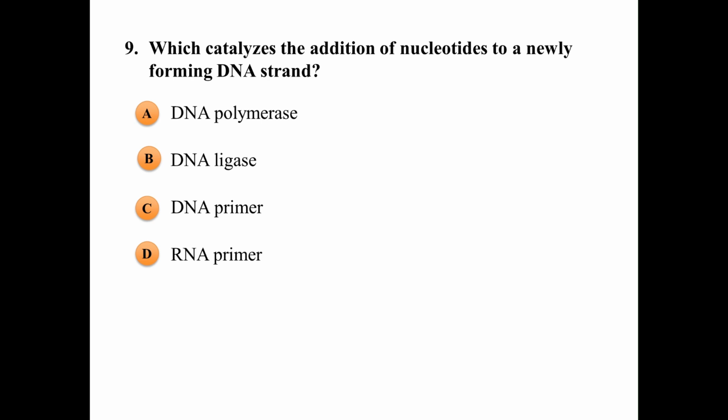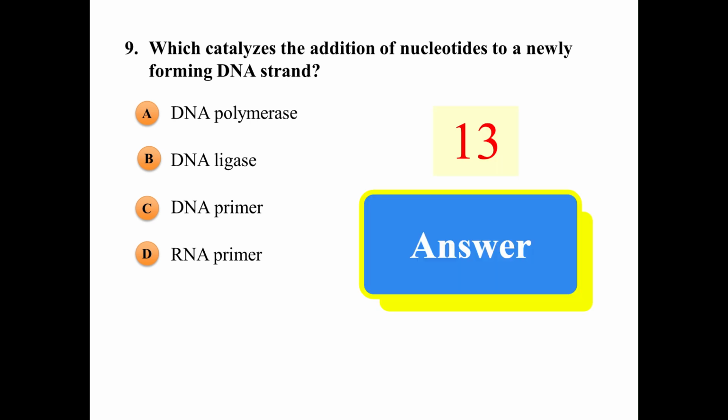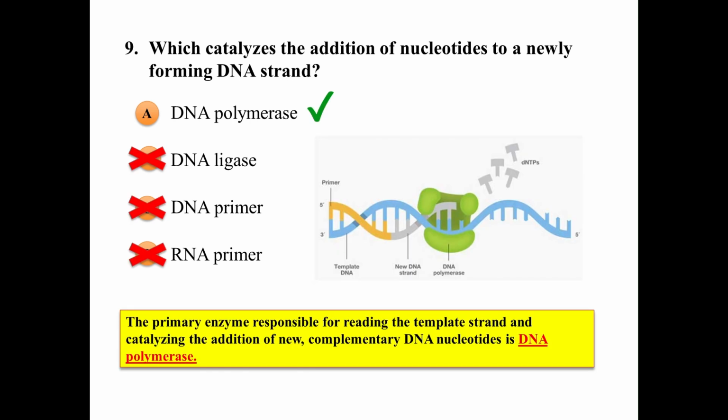Which catalyzes the addition of nucleotides to a newly forming DNA strand? The correct answer is A, DNA polymerase. And the primary enzyme responsible for reading the template strand and catalyzing the addition of new complementary DNA nucleotides is the DNA polymerase enzyme.